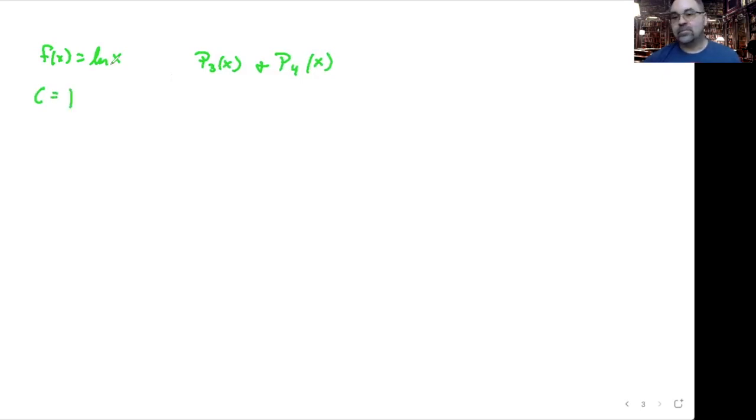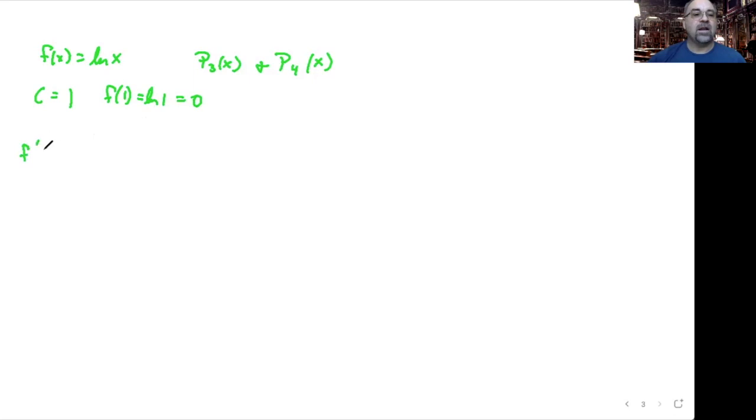I'm going to choose 1. The reason I chose 1 is, obviously, f of 1 is 0. If you put in 1, natural log of 1, you get 0. So this makes our life a little easier when we go to plug some things in and start finding our coefficients.